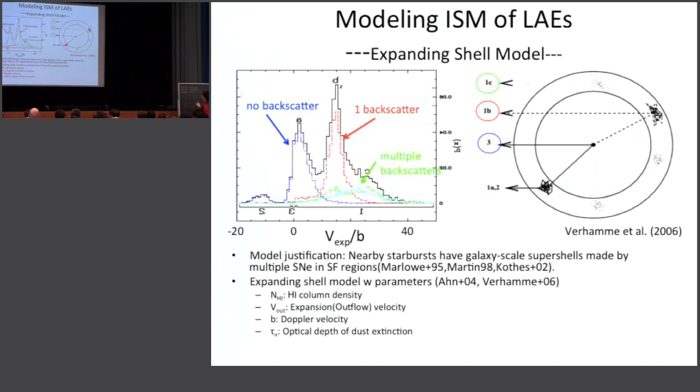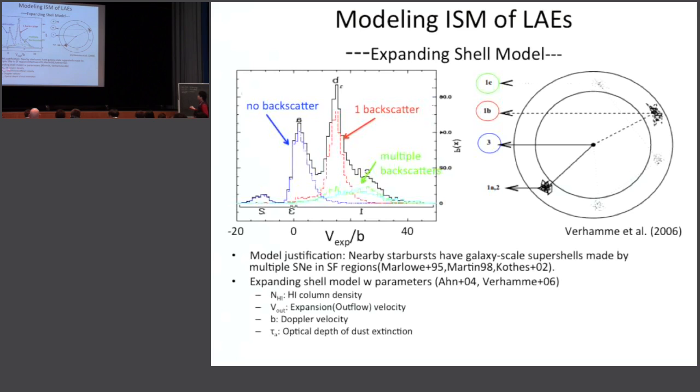So you are modeling such a super shell with the expanding shell model, and there are 4 major parameters for this model.